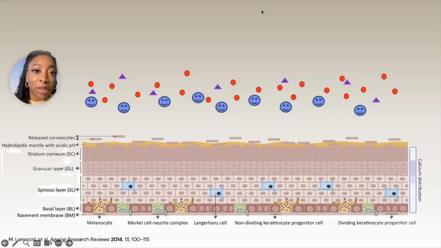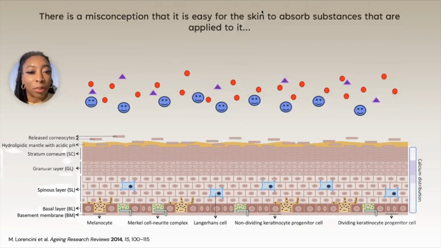There is a common misconception that it is easy for the skin to absorb substances that are applied to it, but this is not true. The skin is a natural barrier to penetration. Its function is to protect the body from the external environment, whether that be outside aggressors, stressors, or pathogens. It also functions to prevent dehydration and maintain our water content inside of the body.